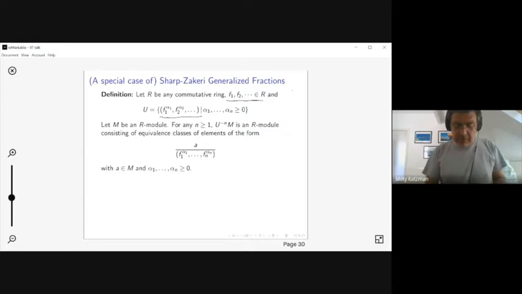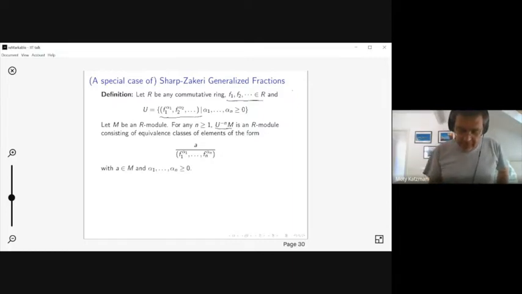So what are going to be these generalized fractions? We're going to start with an R-module, and we're going to find its generalized fractions. We denote this with U to the minus n applied to the R-module M, and this is going to be a new R-module. So I have to tell you first what the elements are.